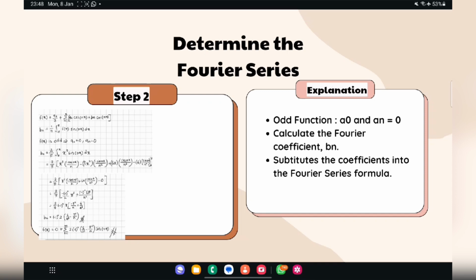Step 2, for an odd function, a0 and an are equal to 0, so I just have to find bn. In this calculation, I have already found the bn. Then I only substitute the coefficients into the Fourier series formula.